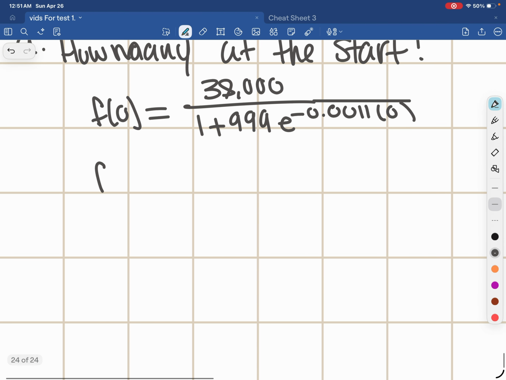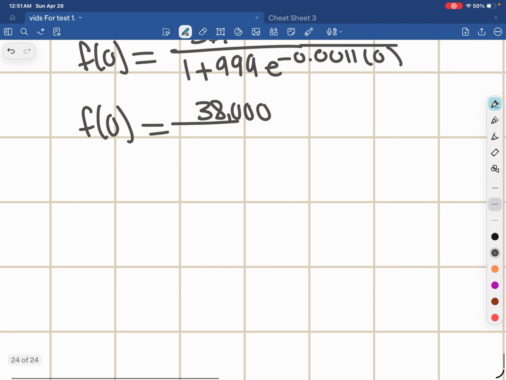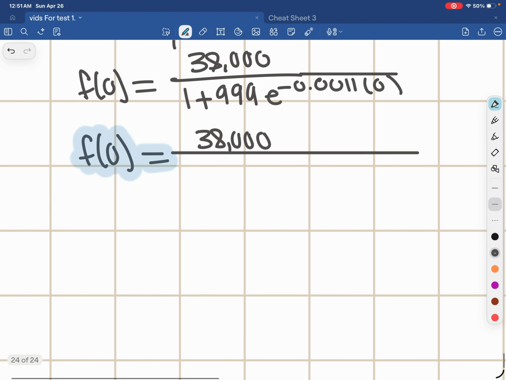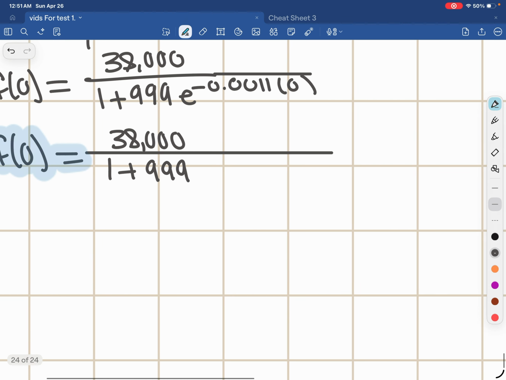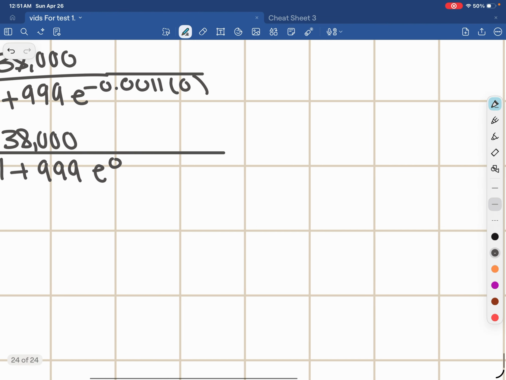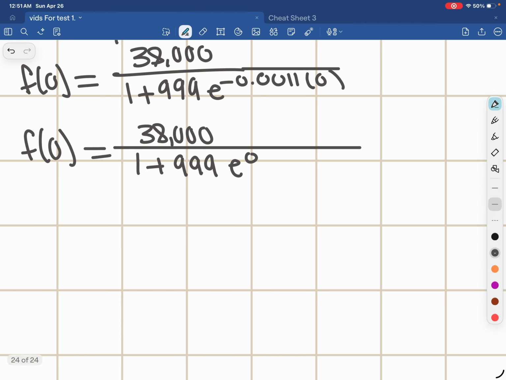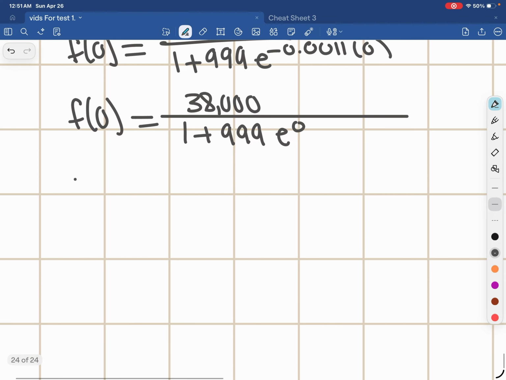So F of 0 is equal to 38,000 over 1 plus 999. And as you can see, we're just going to have E to the 0. And we know that anything raised to the 0 is going to be 1.